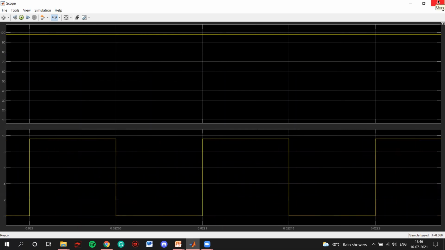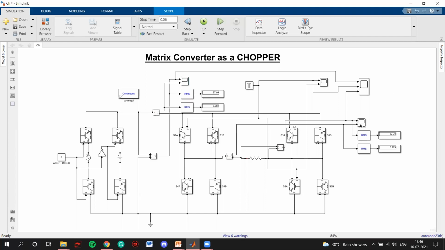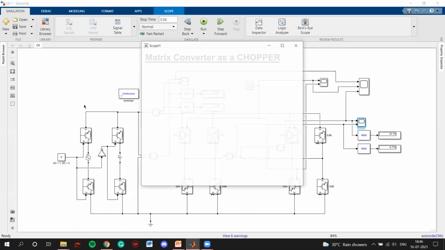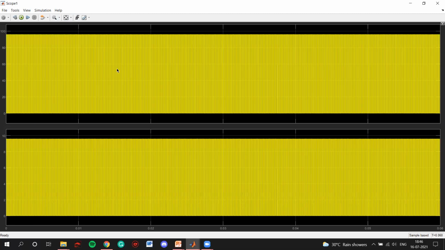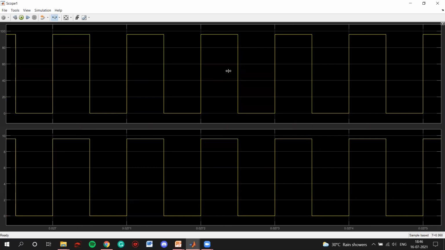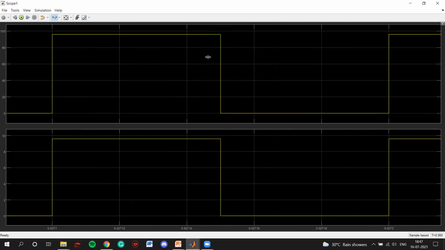Why it is chopped, I will let you know. Then let's see the output. So for output, we can see the similar situation, right? So if we take one cycle, we can see for the 50% of the total cycle, it is giving us around 100 volts, and for next 50%, it is giving us around 0 volts, right?